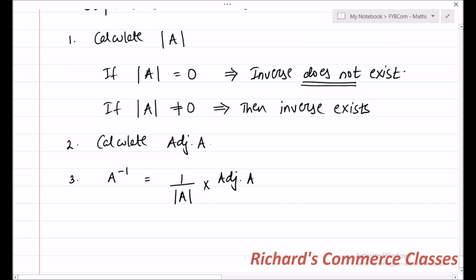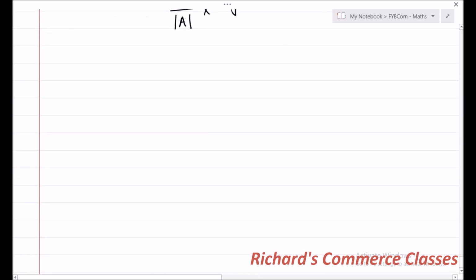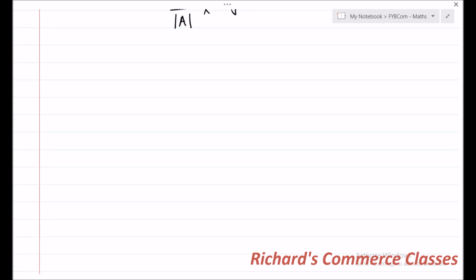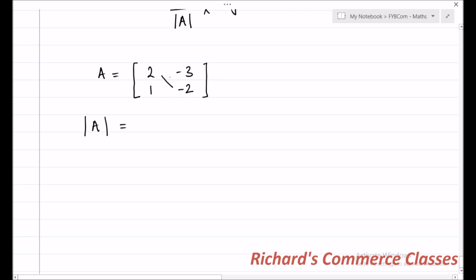Okay, let's start with a 2 by 2 matrix. Let's say A is equal to 2, minus 3, 1, minus 2. Step 1 will be calculating the determinant of A. So the determinant of A for a 2 by 2 matrix is cross multiply and the sign in the middle will be negative. That is 2 into minus 2 minus 3 into 1.